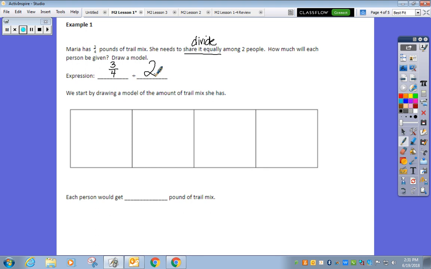So we have 4 equal sized parts here, and to show 3/4, we would shade in 3 of those 4. Just like in the opening exercise, we still have 3/4. I'm going to label this shaded part as the 3/4.